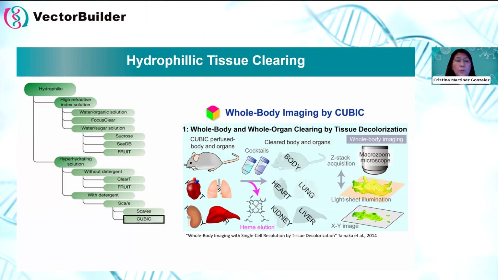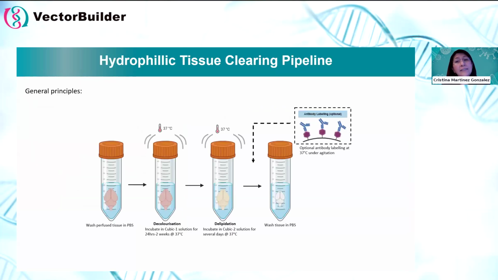And this is one of the most popular and most used methods right now, called CUBIC, in which they can clear the whole organ, the whole mouse in this case, for example, and they can use heart, lungs, etc. The general principle for this particular method, the CUBIC one, is washing the tissue, of course, in PBS.